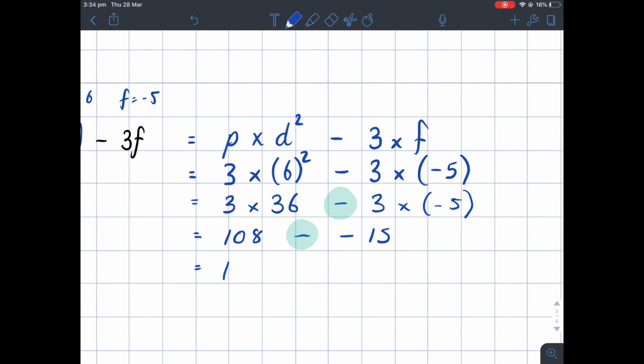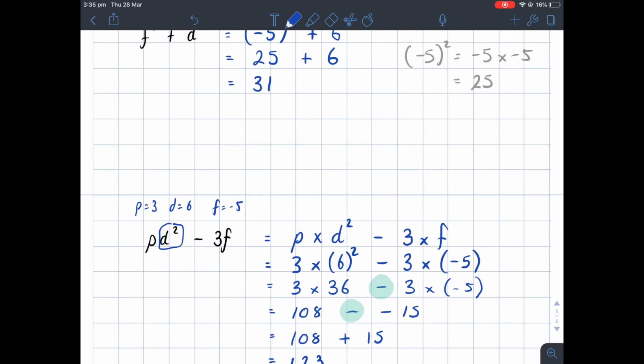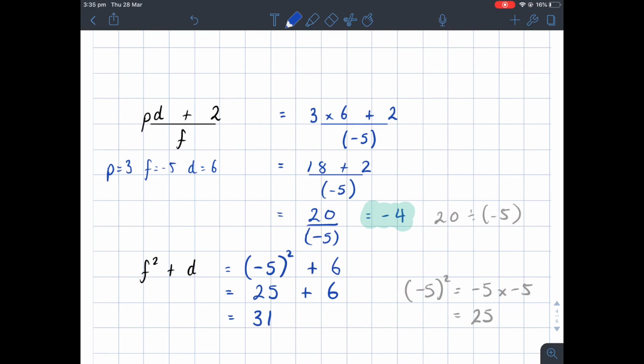Well, if you're subtracting a negative number, that actually is the same as adding them together. So we end with 108 plus 15, and 108 plus 15 is 123. Okay, so that just shows you how we can substitute negative numbers into expressions, and more importantly, the importance of using brackets when substituting in those negative numbers.